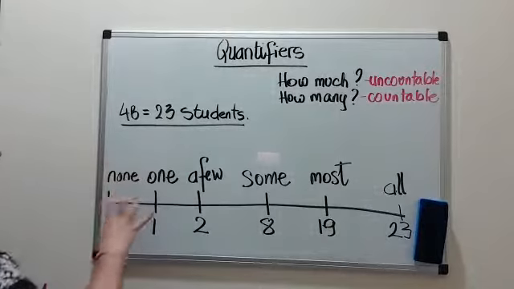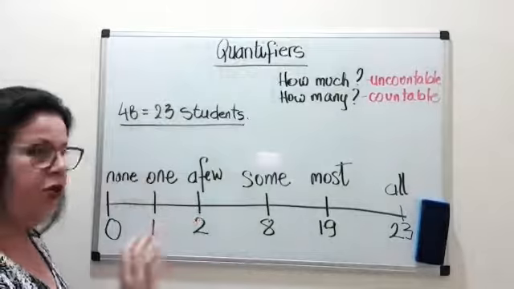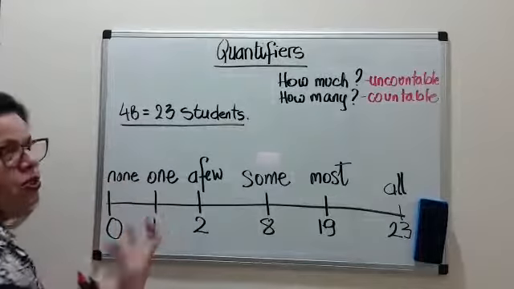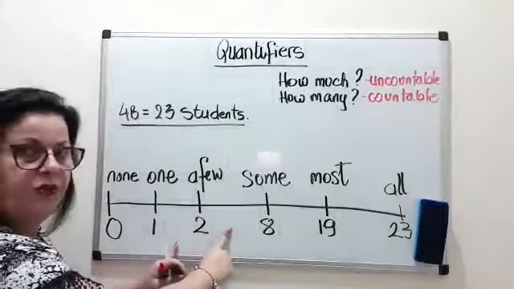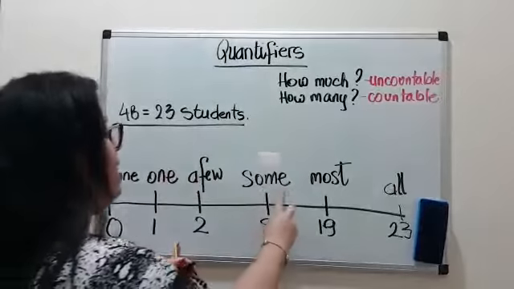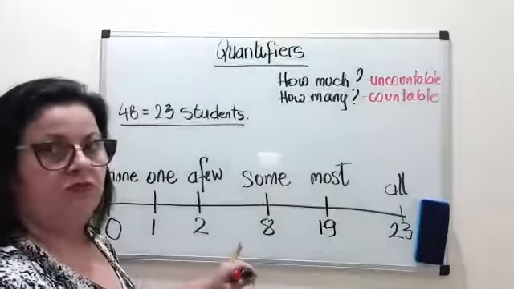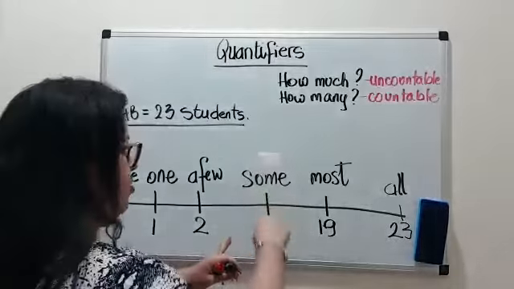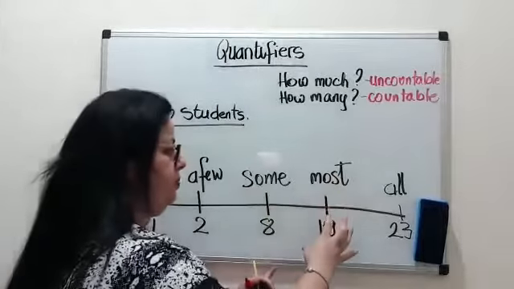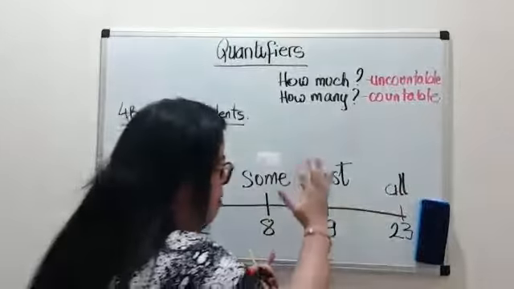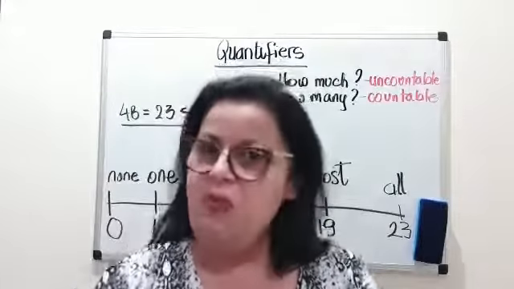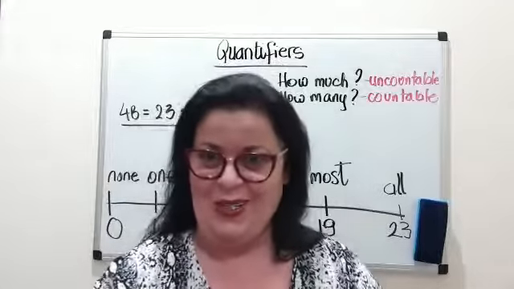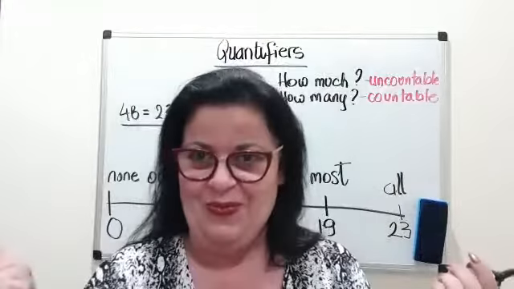So starting from none, which means 0, we have none, 1, which is obvious, 1, a few, 2, 3 maybe, some, not even half, 8, most, but not all, but most of them, and as I said, the happiest case, all of my students are happy today.